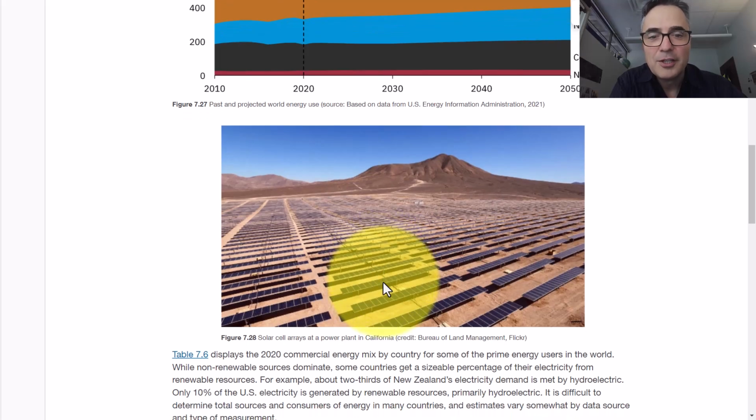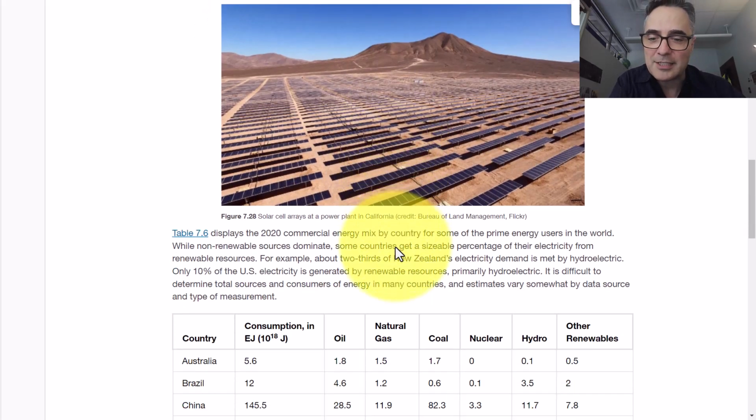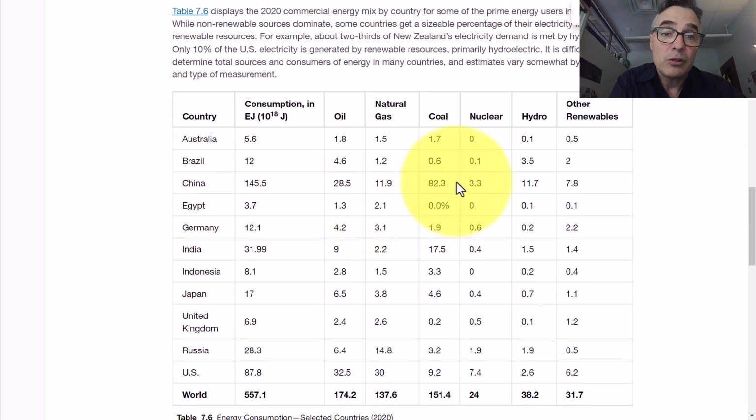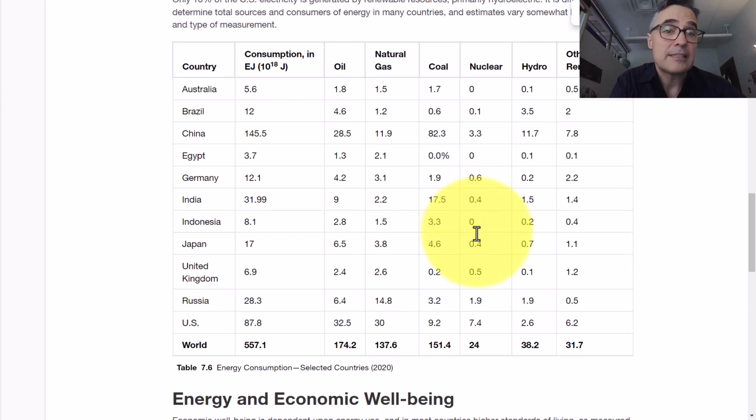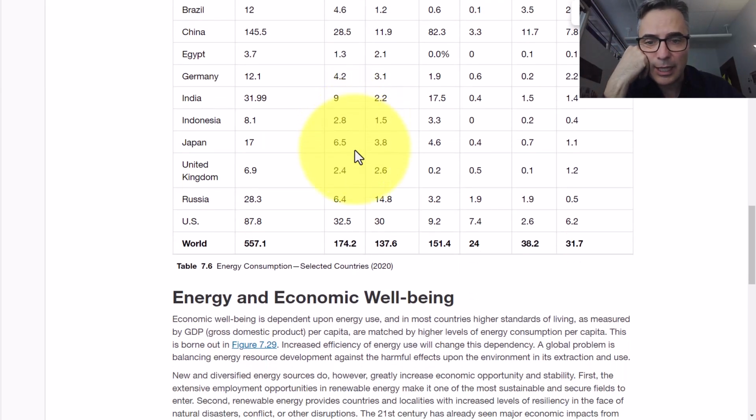Solar, there you go, not producing any greenhouse gases. That's good. Nuclear does not produce any greenhouse gases. It produces a lot of other bad stuff, so long term, nuclear can be bad. Short term, nuclear, I think, is actually good because it reduces our reliance on coal, gas, oil, which are polluting the air and causing this climate crisis that we're in.